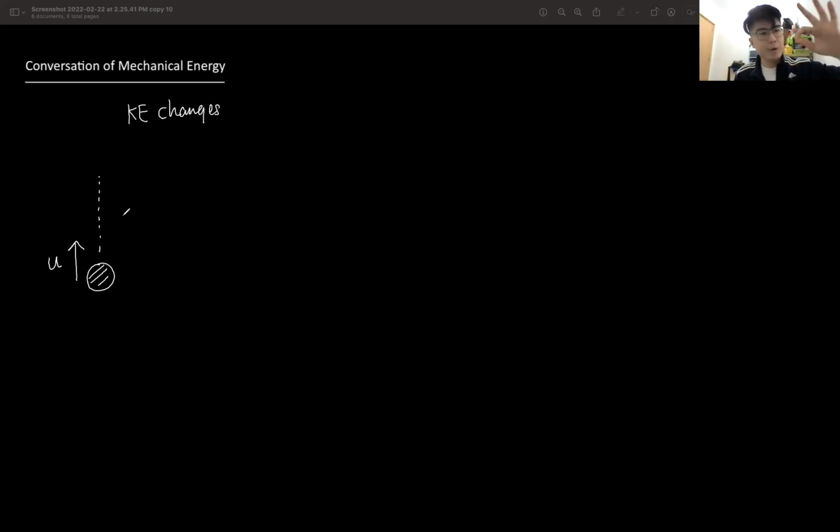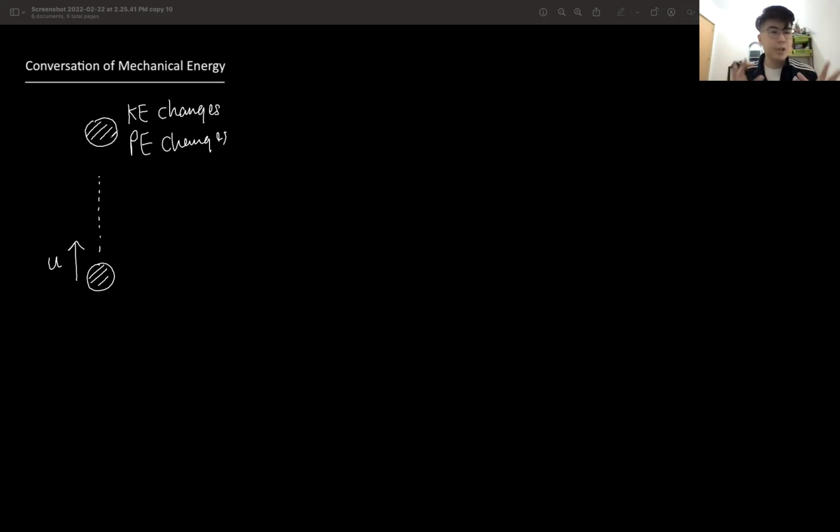And then at the same time, the ball gains height. So it means that the height changes, the potential energy also changes. As the ball goes from here to the maximum point, it experiences a changing KE and PE. Okay, every second, it keeps on changing. One increase, another one decrease.